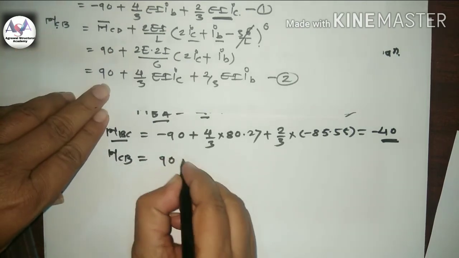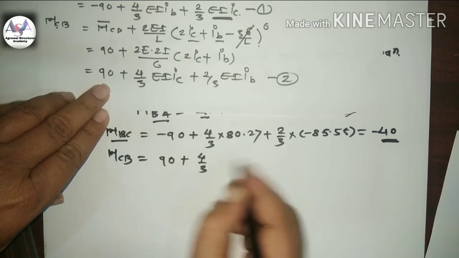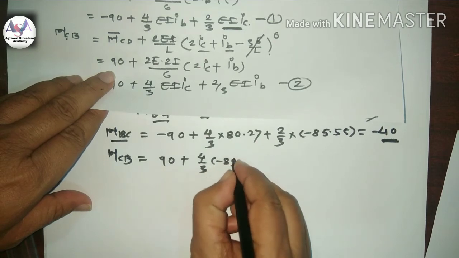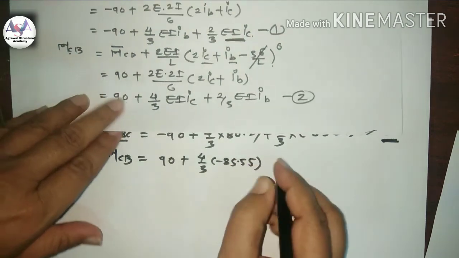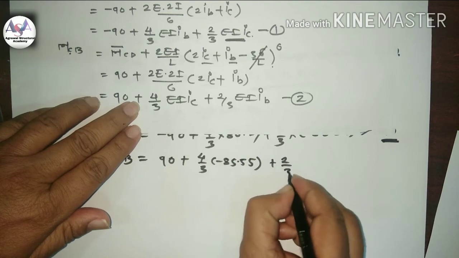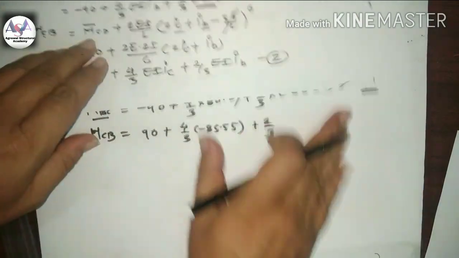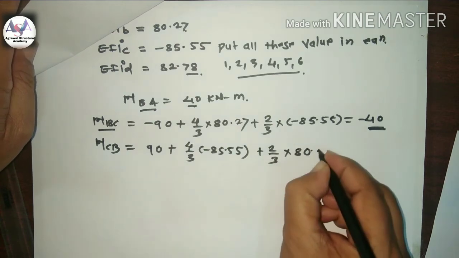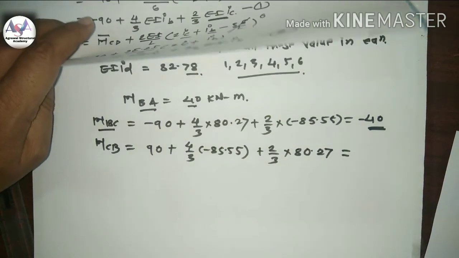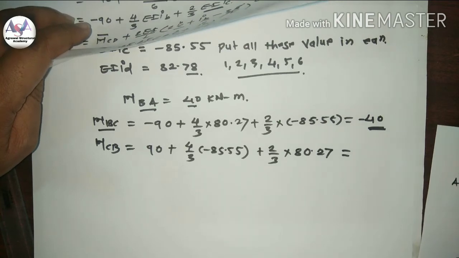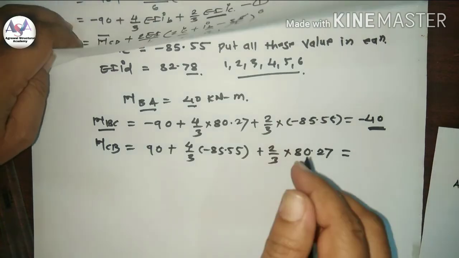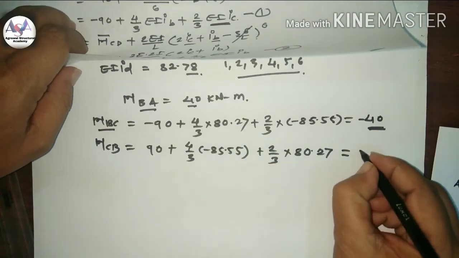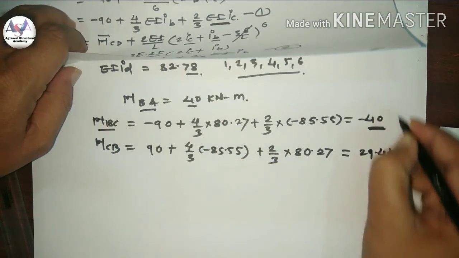Then likewise put the value of M_CB. M_CB is 90 plus 4 by 3, then EI theta C is minus 85.55, plus 2 by 3, EI theta B is 80.27. So this value is calculated, CB, that value is 29.44.